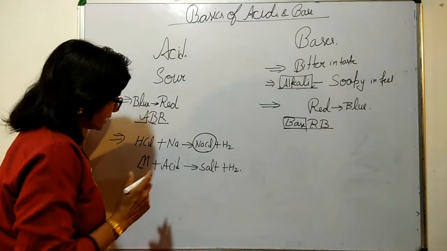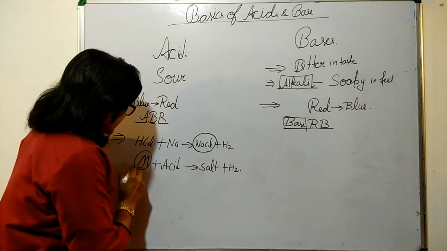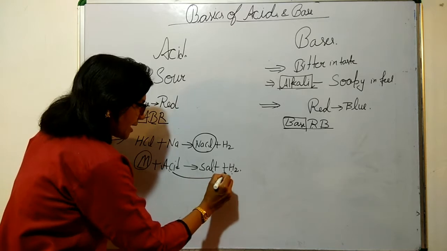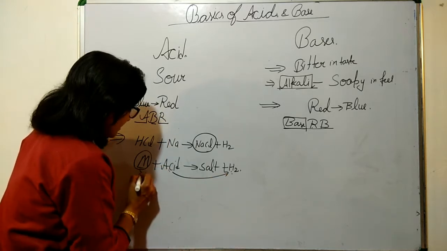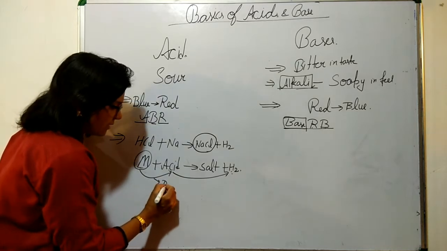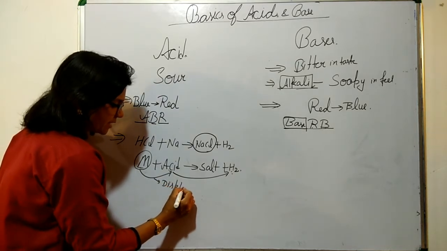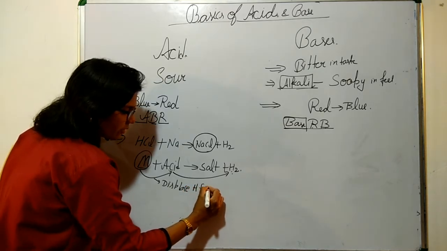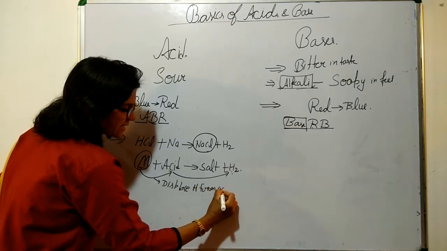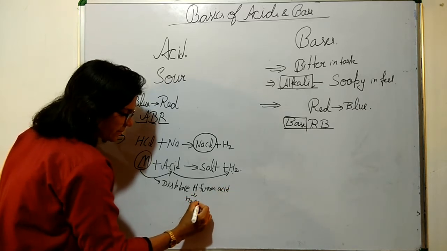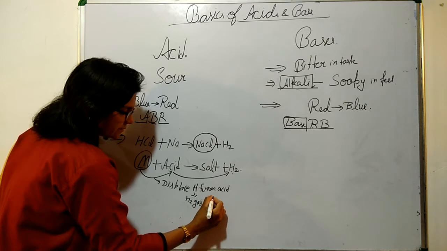A very important thing is that the hydrogen comes from the acid, but this is done with the help of metal. Metal helps to displace the hydrogen from the acid. As a result, hydrogen gas is released.